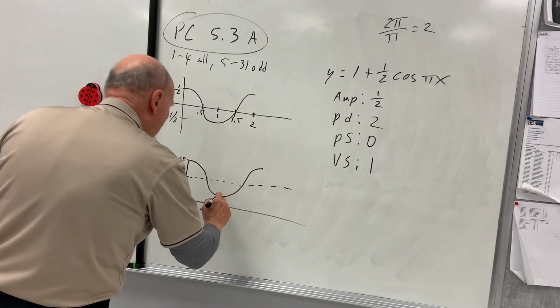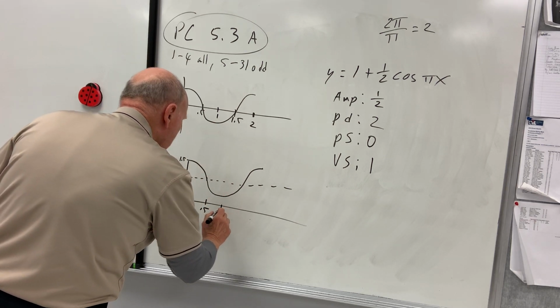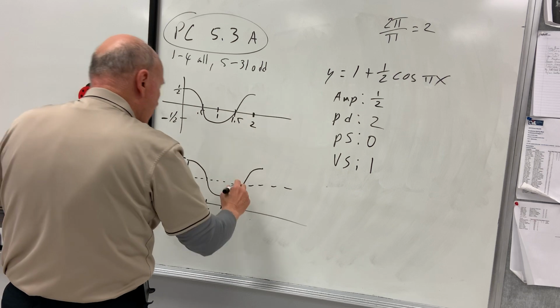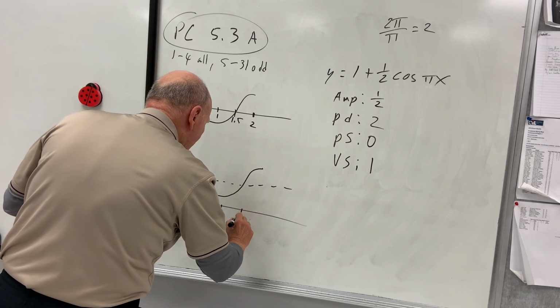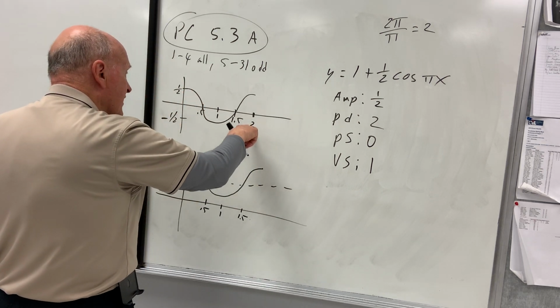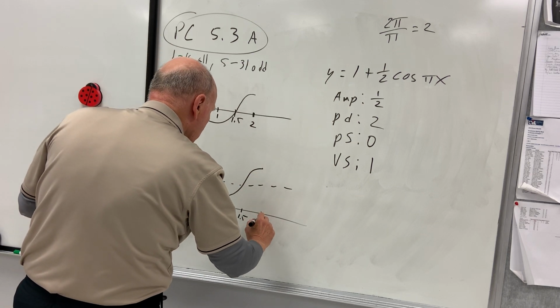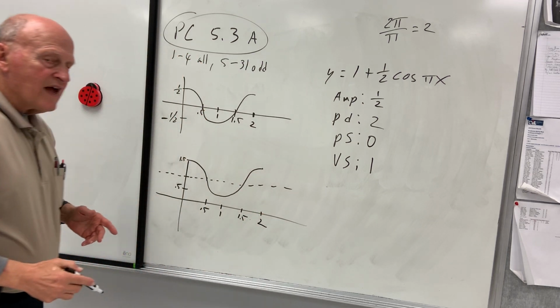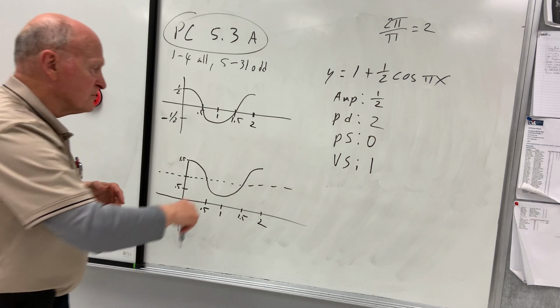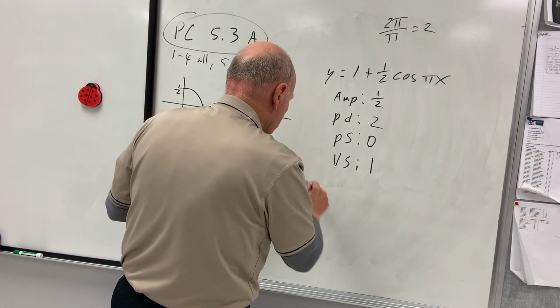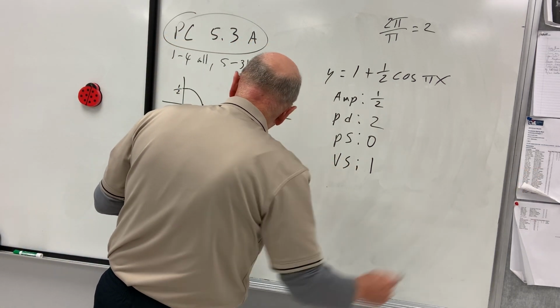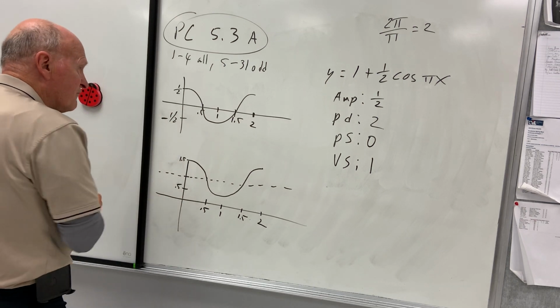And where did it hit its low point? That's at 1. Where did it cross again? That's at 1.5. And where did it hit its maximum again? That was at 2. There's our graph. Now, we know that this thing goes forever. It just keeps going, all the way out to infinity in both directions.